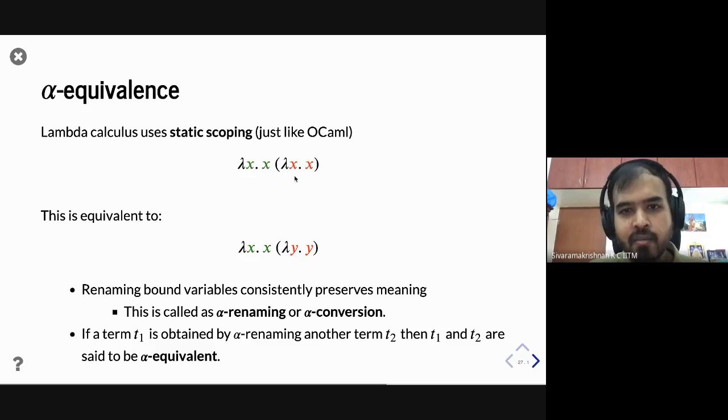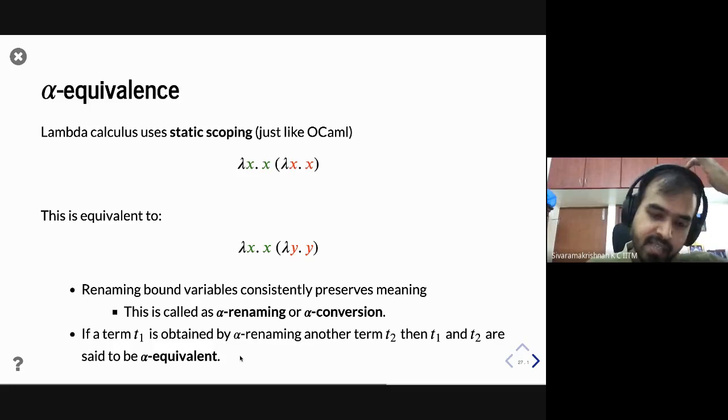The only thing that we are doing is renaming bound variables. We are saying instead of lambda x.x, we are using lambda y.y, which consistently preserves the meaning. We are just renaming the variables so that the term remains the same. And this process is called alpha renaming, or alpha conversion.